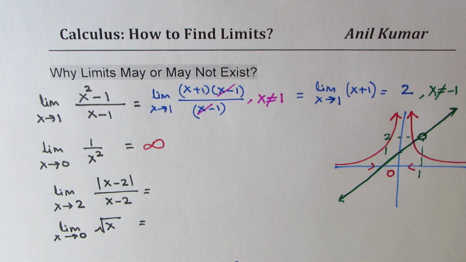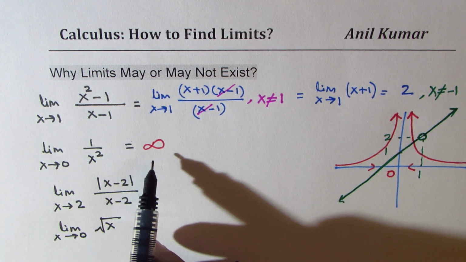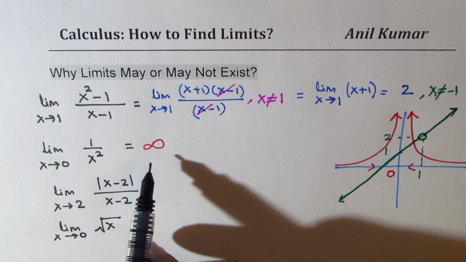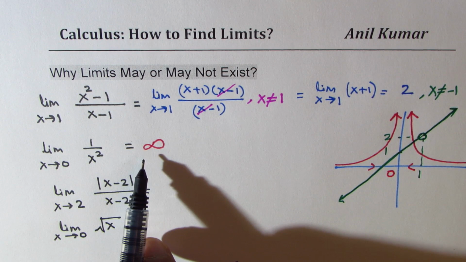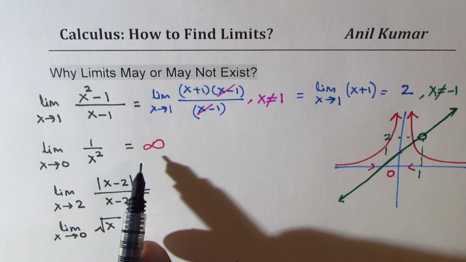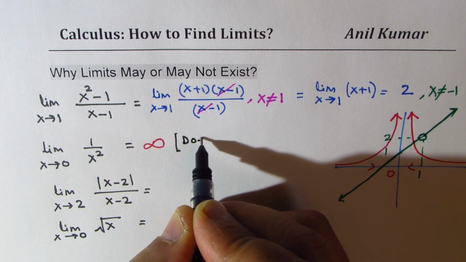Now, does that mean that the limit exists? That is a big question. Sometimes in multiple choice questions, you get it. We write infinity, but we are not saying it exists. Do you understand? We are saying that the value approaches an arbitrarily large value. But remember, still the answer is, it does not exist.